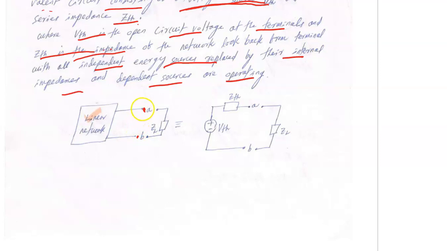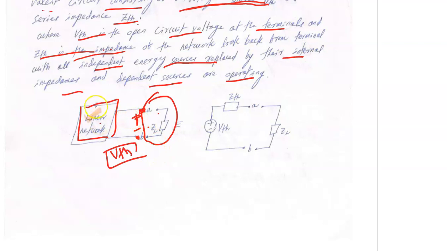Graphically, I want to explain this. This is the linear network. First of all, understand the network should be linear. This part is immaterial, whether linear or non-linear, but where you are applying Thevenin, that must be linear. So now you measure this voltage, make the circuit open and measure the voltage. That is your Thevenin voltage.